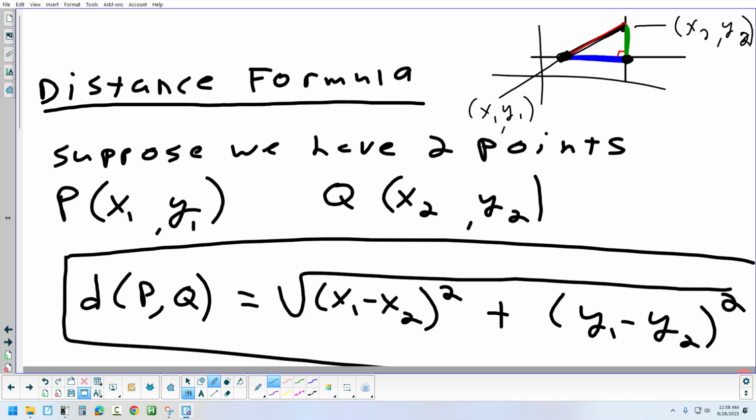Even though this isn't labeled, we know the x value of this coordinate. Anyone can tell me?